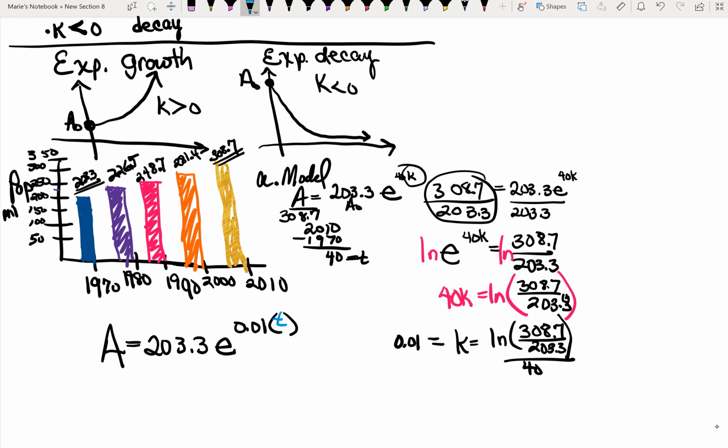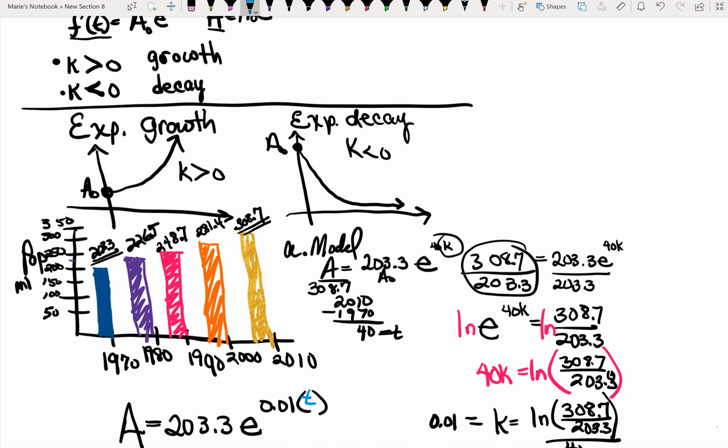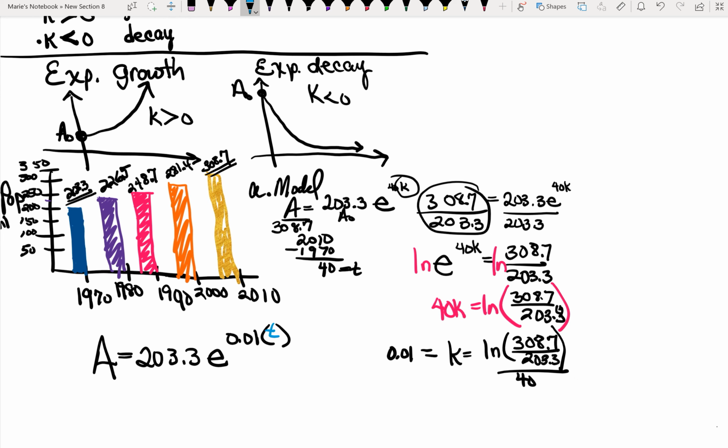Now, and then they're asking in part B, if you don't have further questions on this, in part B, they're asking, by which year will the U.S. population reach 335 million? So when will we reach 335 million?